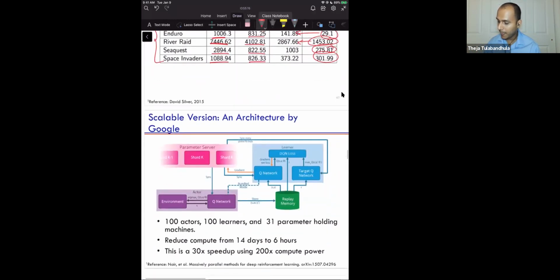So about 5 years ago, for example, Google built an infrastructure to parallelize some of the things so that they could reduce the compute from 14 days to 6 hours. Now on a single GPU machine, you can probably do it in half a day, about 12 hours maybe. Everything fits in a single GPU memory because the network itself is quite small.